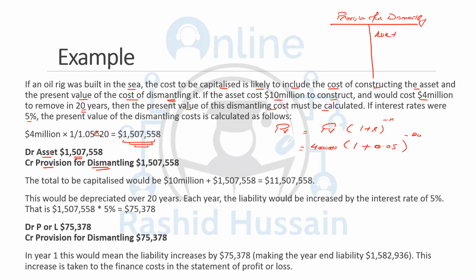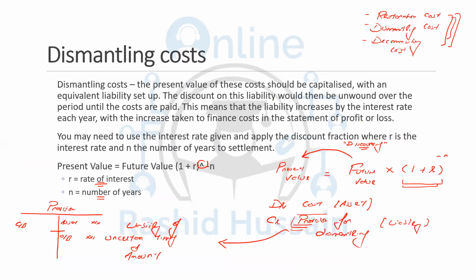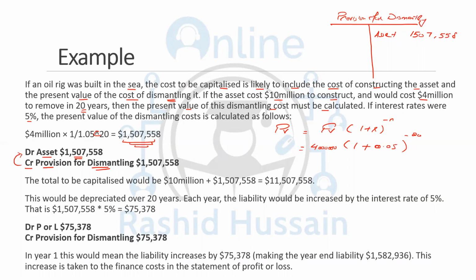This is a provision account which is going to be credited, and we give the reference of the debit entry in the account. So debit asset, due to asset, and this is 15,07,558. This is the first concept which I've already told you, how to calculate the present value.